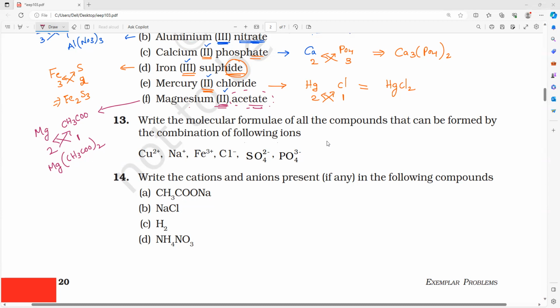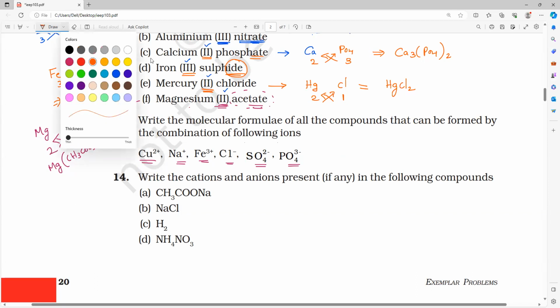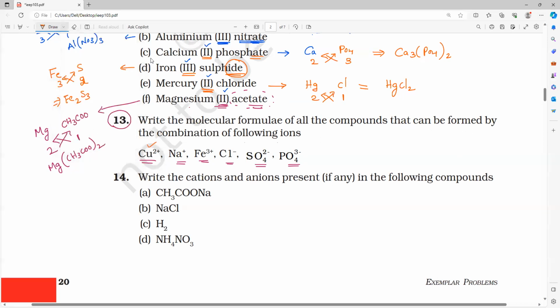Yes, sir. Next, this is a very important question. You can expect questions like these in the exam. This is the most important type, a different kind of question. They will give you some ions and ask you to write all the possible chemical compounds. We all know positive ions are cations.